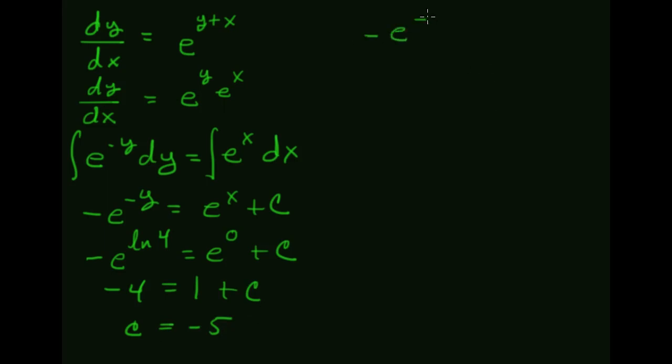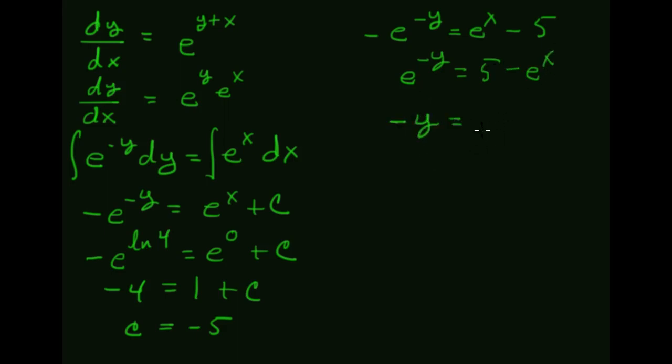So negative e to the negative y is equal to e to the x minus 5. Let's deal with the negative first. e to the negative y is 5 minus e to the x.